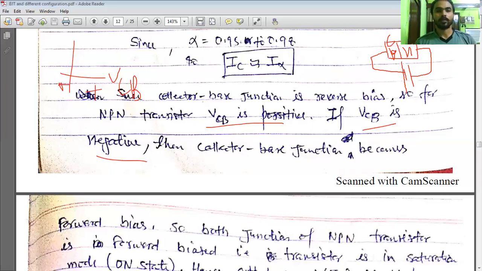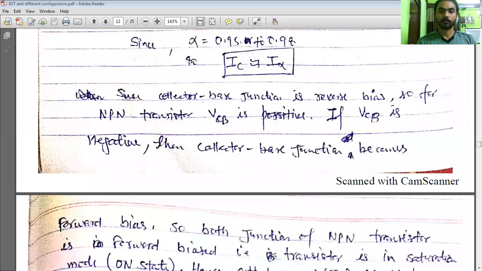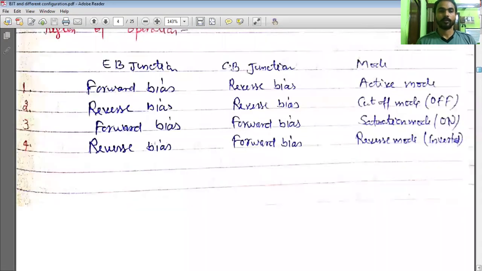Now if you remember the slide where I gave the different biasing conditions for the modes of the transistor, I will go there. Don't worry. Yes, your emitter base is forward bias, you know the emitter base is in the forward bias condition, and when you have changed the polarity of the collector base, this also becomes a forward bias junction.